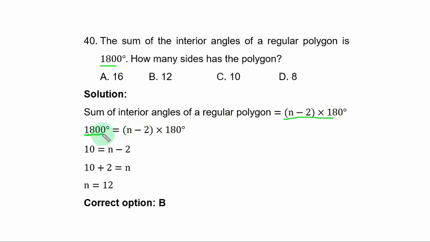So you equate it to the formula. If you divide through by 180 degrees, you have 10 equal to n minus 2. Transfer minus 2 to the other side, you have 10 plus 2 equal to n. Therefore, n is equal to 12. B is the correct option.